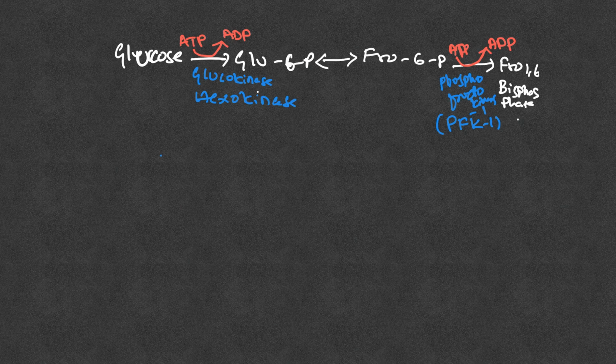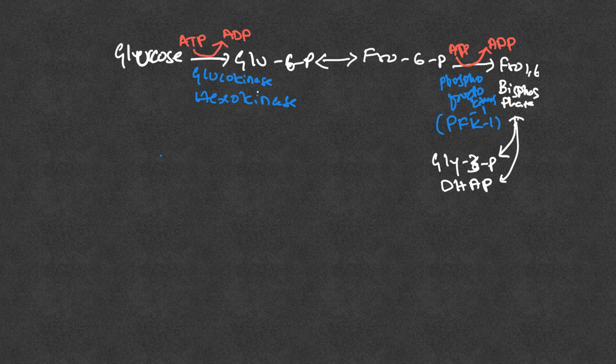Fructose 1,6 bisphosphate will be broken down into glyceraldehyde 3 phosphate, I'll just write GLY, glyceraldehyde 3 phosphate, and also another molecule called DHAP, dihydroxyacetone phosphate.